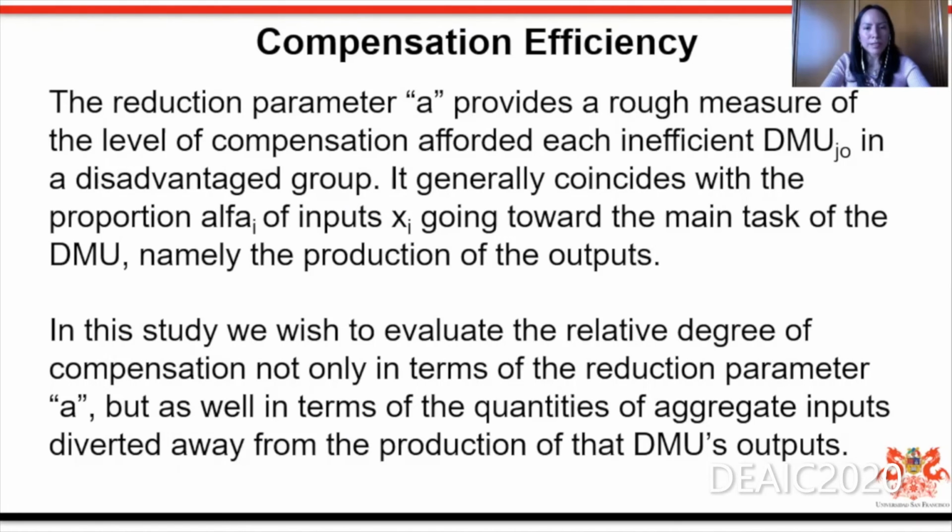To formalize this idea, we argue that a disadvantaged DMU is in two lines of business. Its primary business is what it cares about, namely the generation of outputs, while its secondary line of business is the requirement or responsibility it assumes in coping with an unaccommodating environment. The next slide.